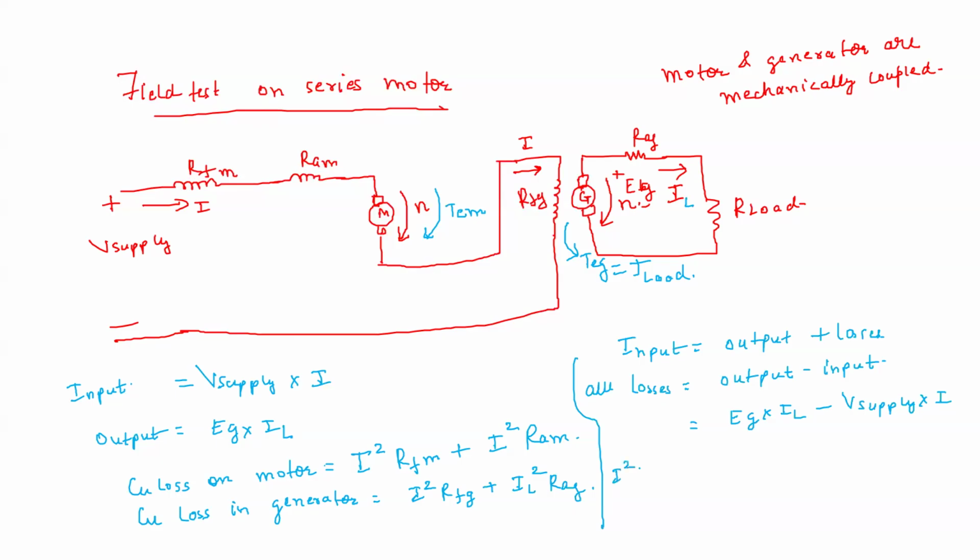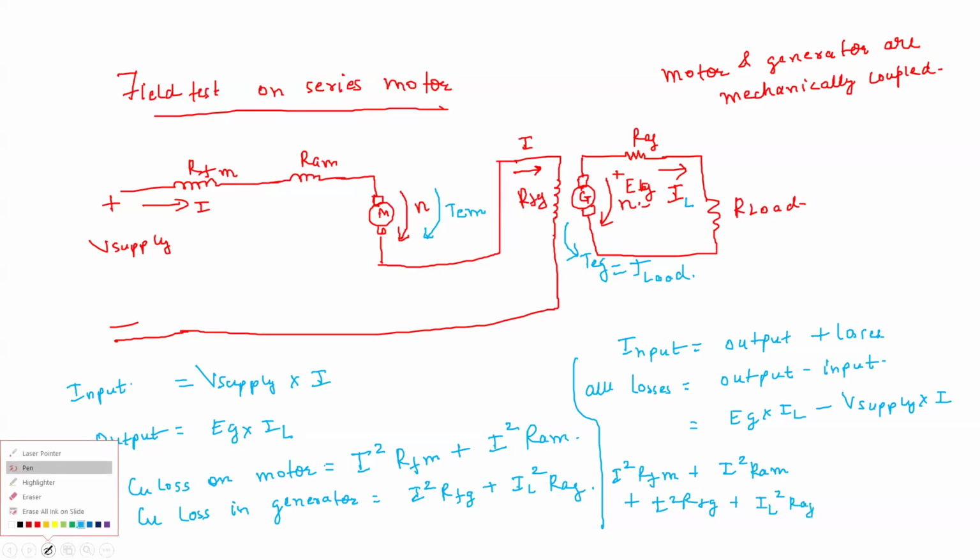So this is equal to I square RFM plus I square RAM plus I square RFG plus IL square RAG plus the rotational loss.